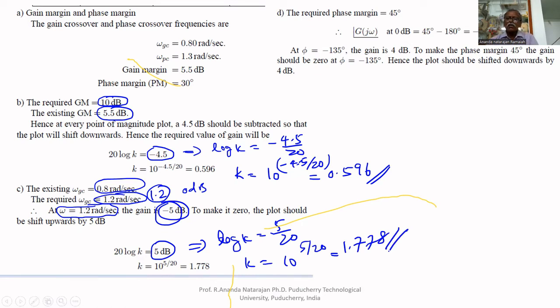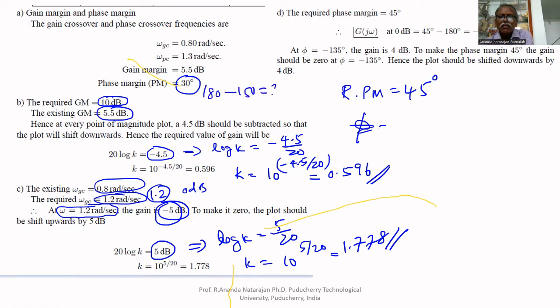The required phase margin is 45. The next question is, how should the gain be adjusted in the system so that phase margin is 45? The required phase margin equal to 45 degree. What is the present phase margin? Only 30. We need 45. How did you get this 30? 180 minus 150 equal to 30.